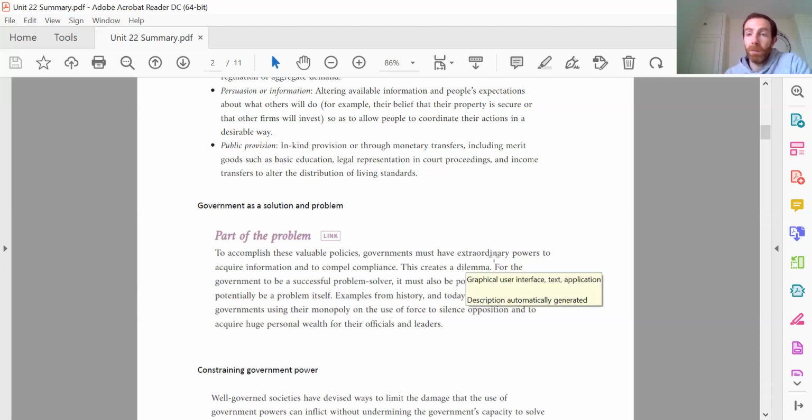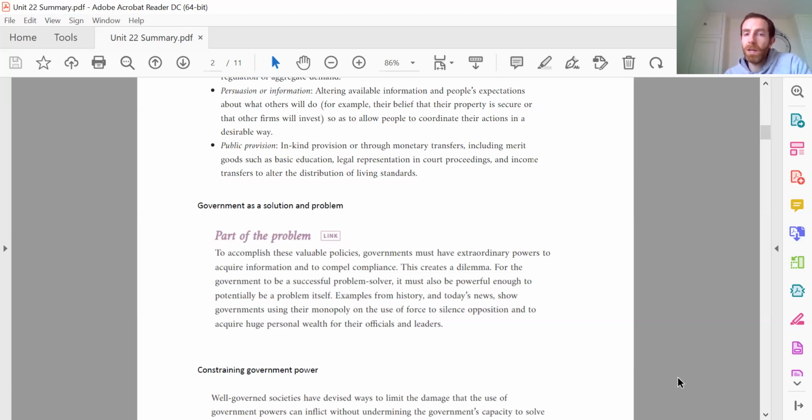Extraordinary powers, the power to kind of coerce the citizens. But giving the government those powers means potential problems, potentially dangerous, because sometimes governments will use those powers in really negative ways in terms of what happens to the citizens. So that's a real big dilemma around government.